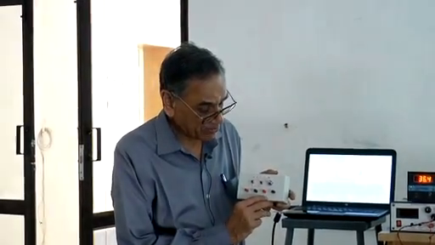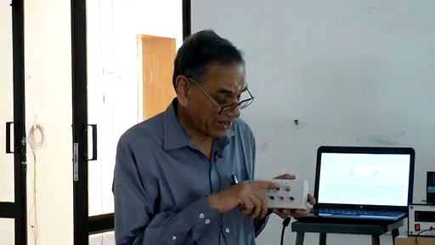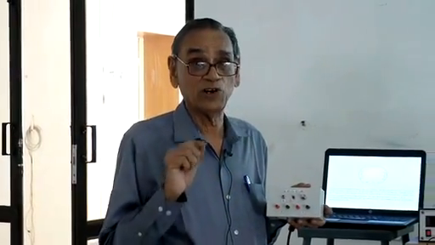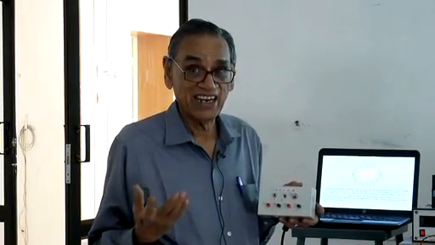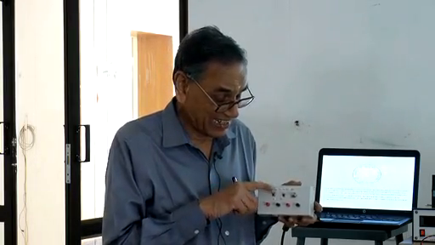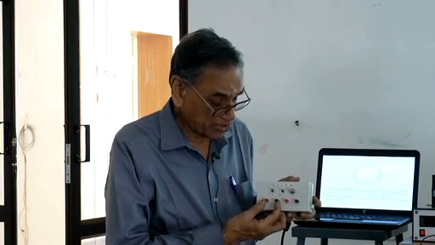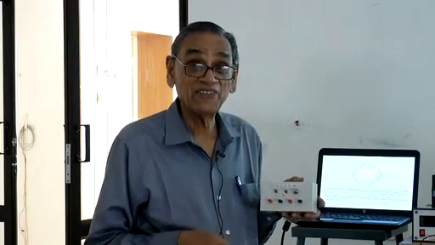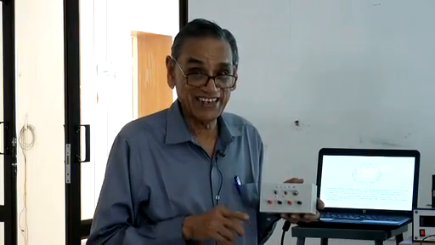This voltage comes to the pair of terminals T2 if I put this switch down. This voltage is used as the forward voltage for the silicon diode. We can change the forward voltage and we can measure the current. There is a 9 volt battery which is connected through the switch to these two terminals T1. That is used for measuring reverse saturation current of the diode.